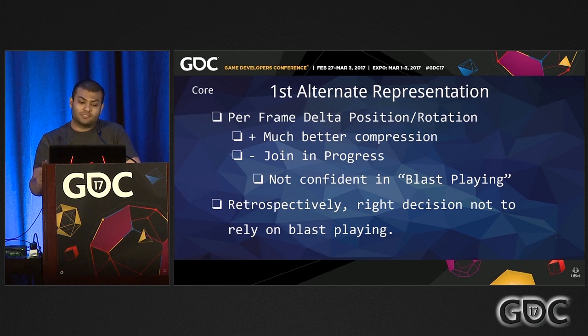With join in progress systems, we didn't know exactly how long certain animations were going to be, and we possibly would not be able to support blast playing up to a particular frame when a join in progress was happening. In retrospect, this was the right decision. Looking at the perf metrics and some of the lengths of animations, we would not have been able to blast play everything up to when join in progress needed to occur.